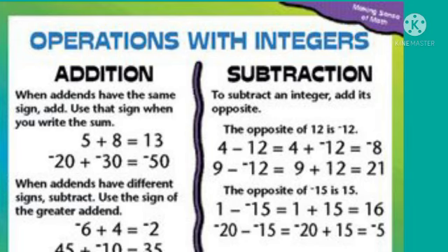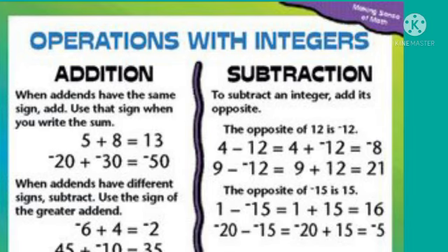The opposite of 12 is minus 12. So 4 minus 12 is equal to 4 plus minus 12, that is equal to minus 8. And also 9 minus minus 12 is equal to 9 plus 12, that is equal to 21.